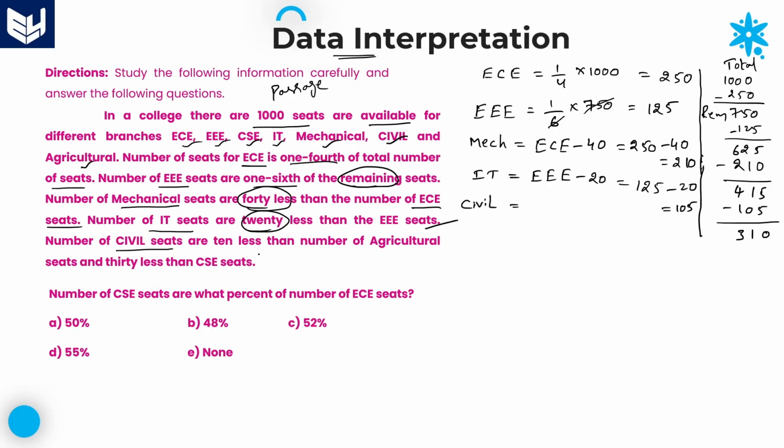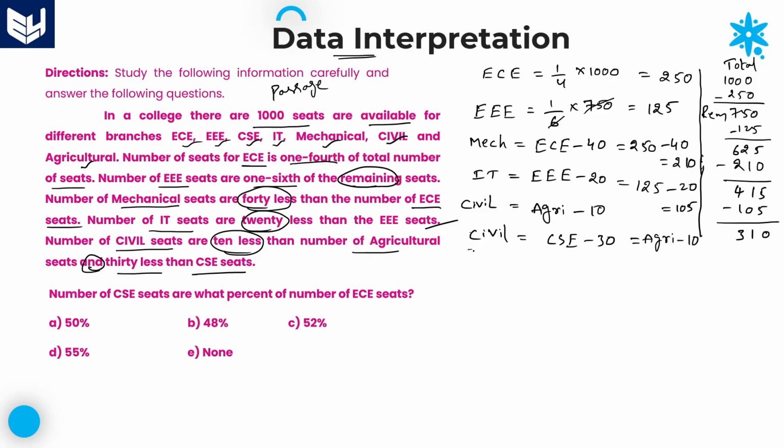Number of civil seats are 10 less than agriculture, that is agriculture minus 10, and 30 less than CSC seats, that is CSC minus 30. So civil equals CSC minus 30, and equals agriculture minus 10.